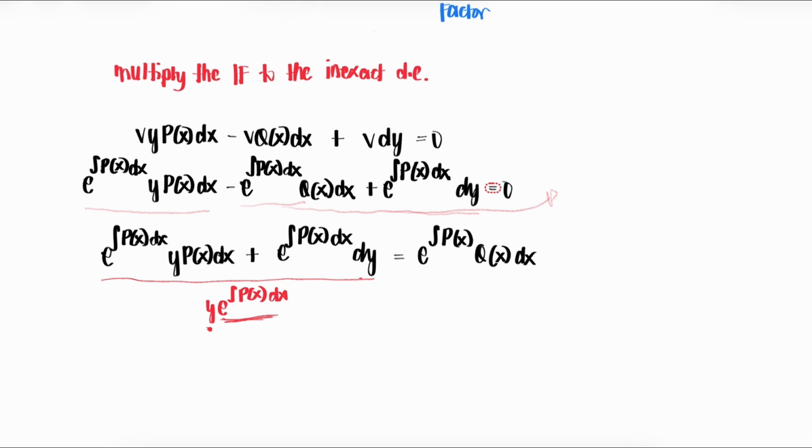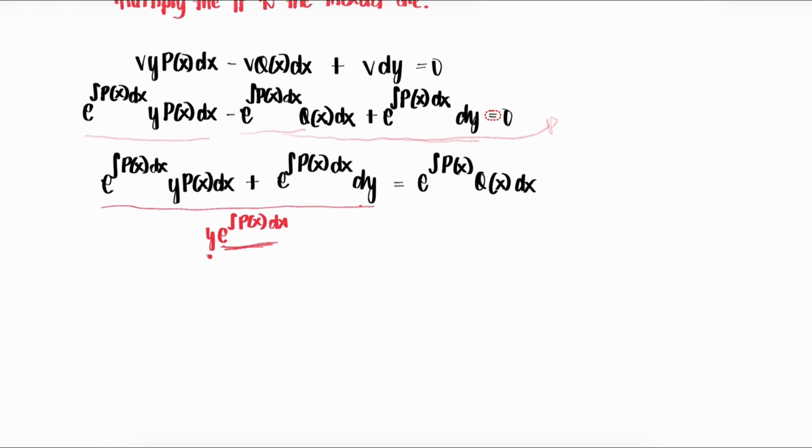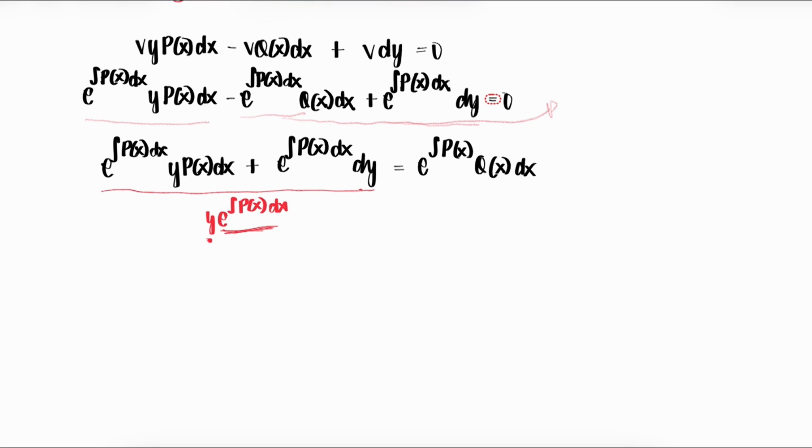So it's an exact differential, I mean, it's an integrable combination rather. So that term right there is actually just equal to the differential of y e to the integral of p of x dx. That's equal to e to the integral of p of x dx q of x dx.